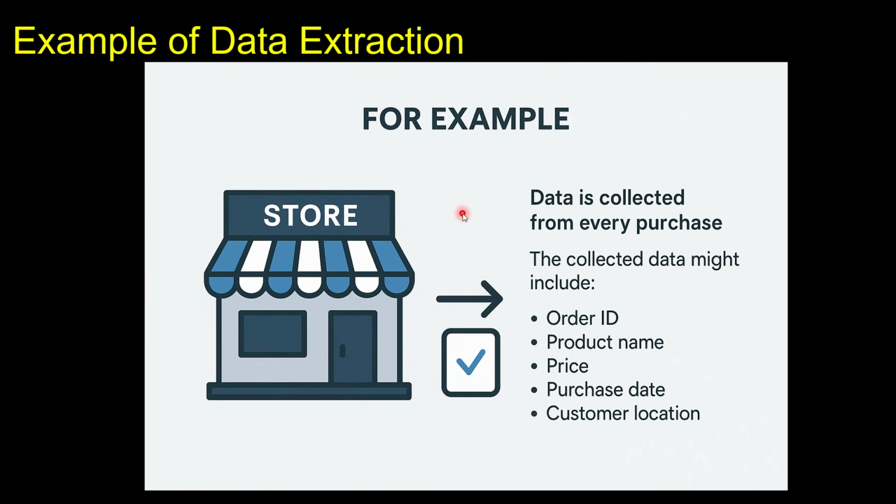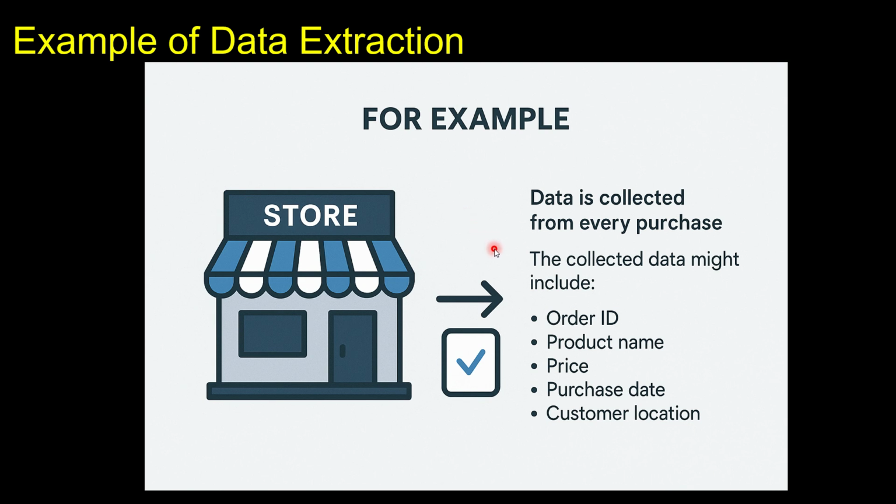For example, let's say we work for a retail shop. We want to find out which products are selling the most. To do that, you start by collecting sales data from the systems that record every purchase. This is called a point of sale system.